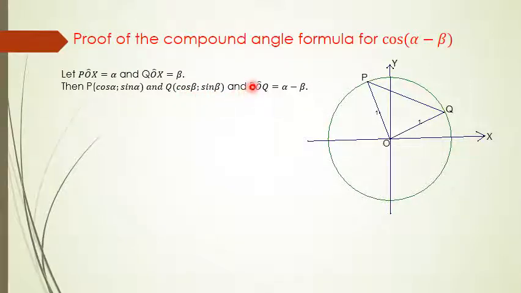And the angle POQ is alpha minus beta. We have said POX is alpha and this is beta, so this is alpha minus beta. It's the angle of the triangle POQ. It's alpha minus beta.